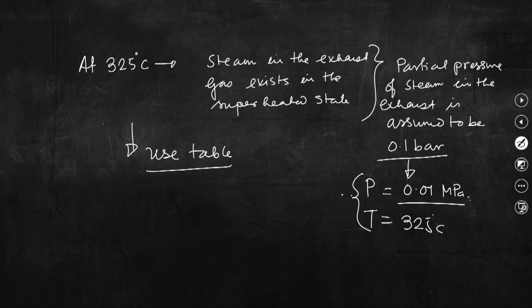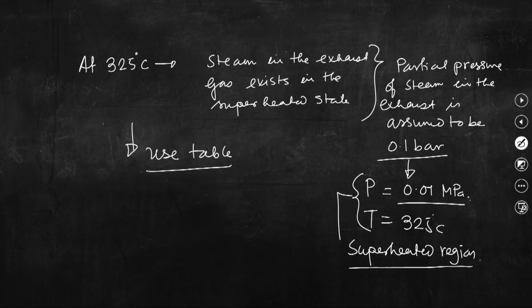Certainly, if we write here, this is the superheated region, and from there we can calculate. Just for your information, our temperature is 325, so essentially we have to find the enthalpy corresponding to 325.